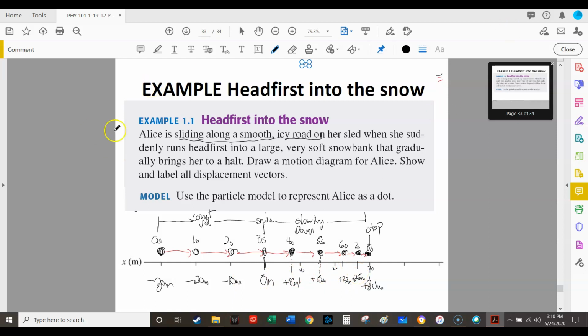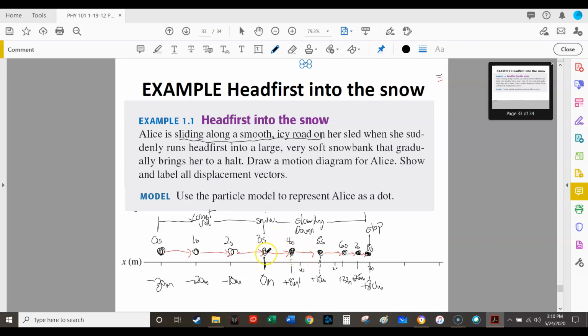We'll try to relate this story to an actual motion versus time graph. What you can see here is that she's got a constant velocity. I know it's constant because she's got the same displacement vector over each time increment. When she hits a snowbank, she starts slowing down.